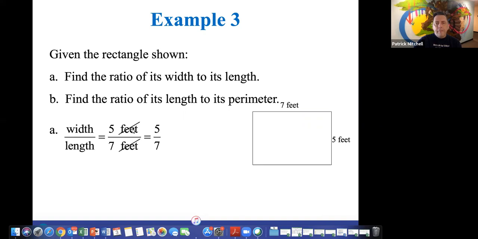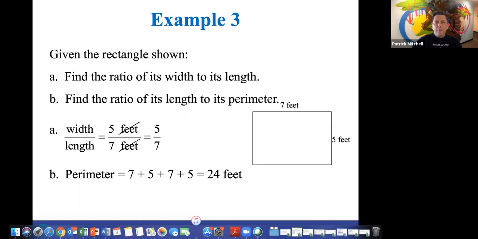So just like in the money problem earlier, when you have the same units on the top and the bottom, you can remove those units from the top and the bottom. It's sort of like canceling them out. So the ratio of the width to the length of this rectangle is 5 to 7, or 5/7. To find the ratio of the length to the perimeter, first we have to calculate the perimeter.